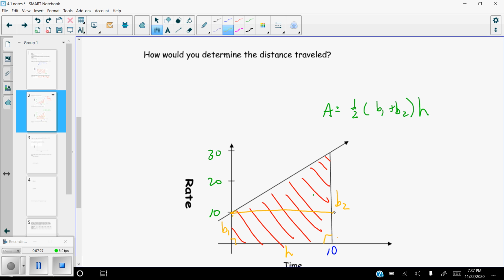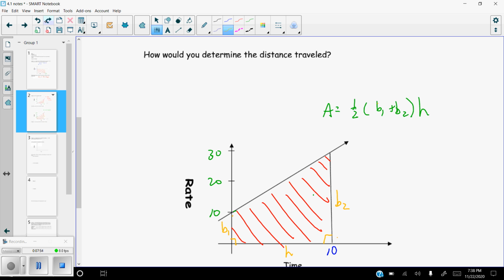Well, think about that. If I make B1 0, that goes away. All you have left is 1/2 base times height. That's a triangle. So really, a triangle is a trapezoid where one of the bases is 0.